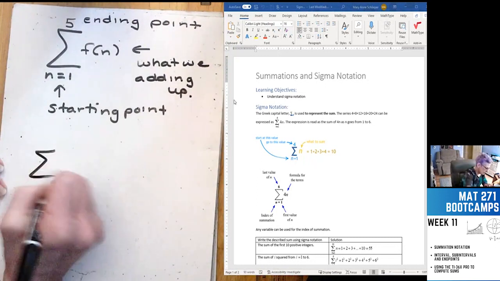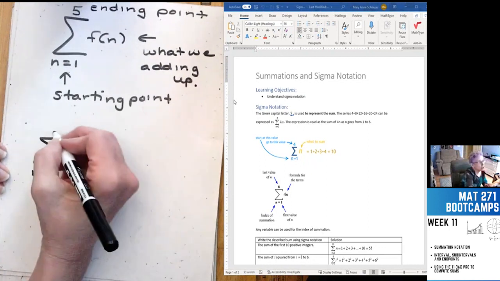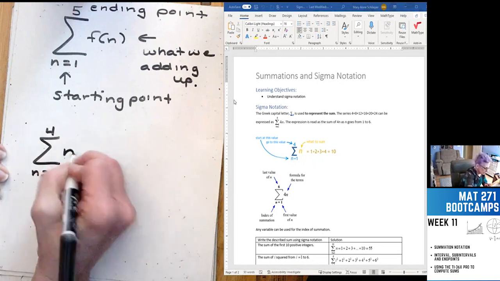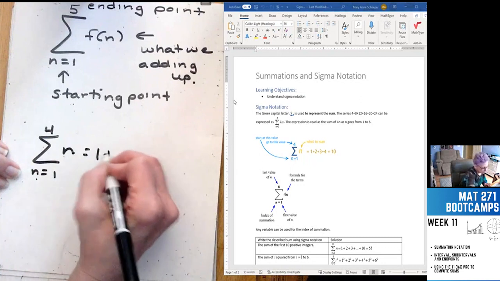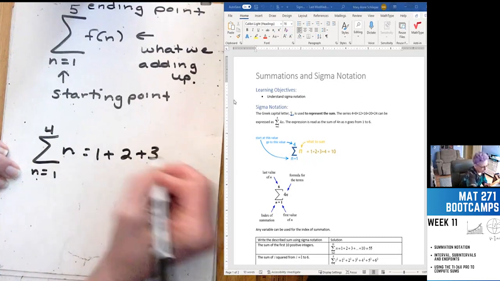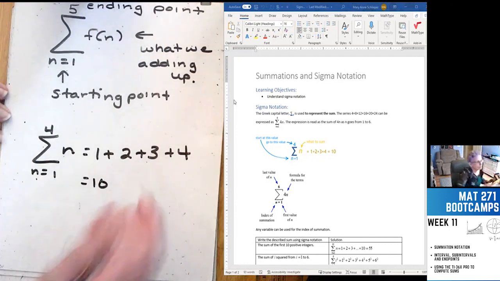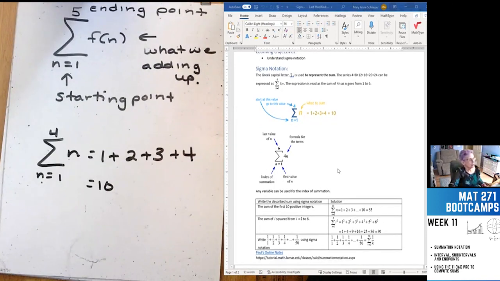If we just had the sum as n equals 1 to 4, like it has right there on the example of n, so n is 1, and then 2, and then 3, and then 4, and we just add those numbers up. So we'll go through a few examples.